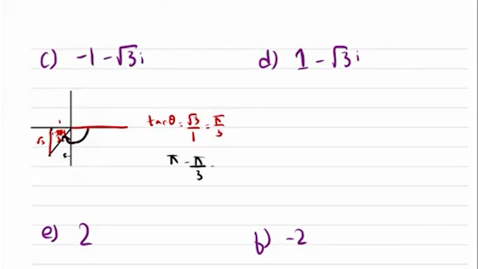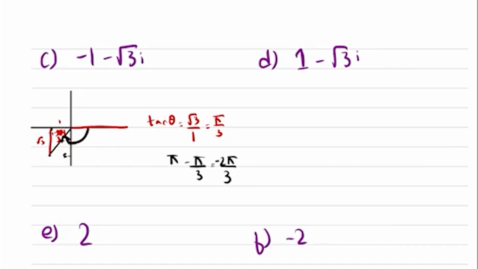That's going to be 2 pi upon 3. Now you are going backward in clockwise direction. So it's going to be minus 2 pi upon 3. Do you get this? When we go clockwise, the argument is negative.